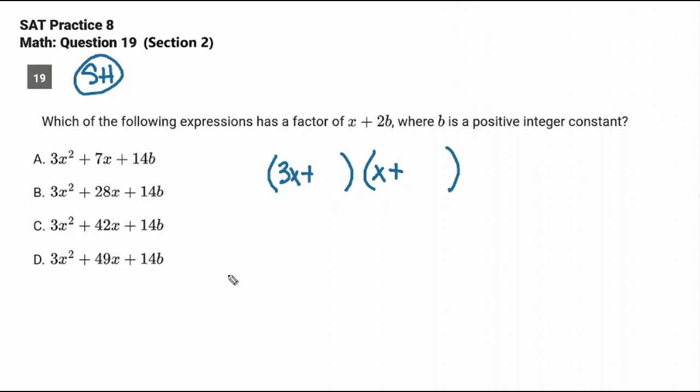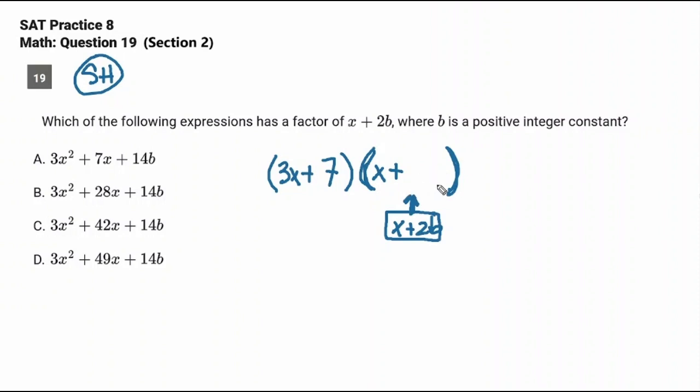And where is that 7 going to have to go? It's going to have to go right here. b could be a multiple of 7, but 2 isn't, so it's going to have to go right here. So this thing right here is x plus 2b, the thing in parentheses right here.